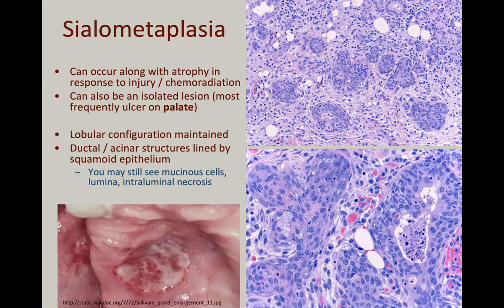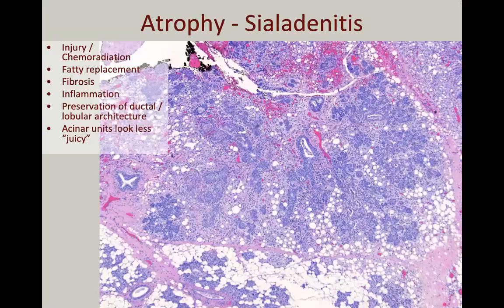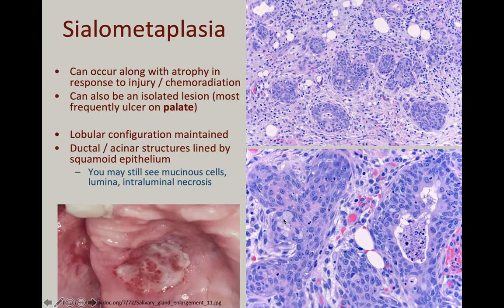So if you ever hear us reporting on challenging cases or quote unquote sialometaplasia, we are concerned about it because of its resemblance to invasive squamous cell carcinoma. But there are ways to tell the difference, including, as I said before, the maintenance of this ductolobular type of architecture, some residual mucinous cells, and some ductal lumina.